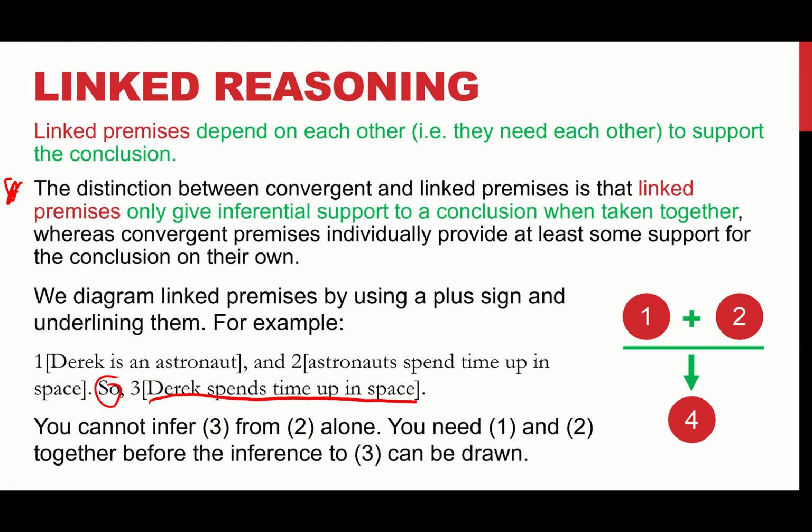I mean, you might guess that Derek is an astronaut, but by itself, 2 doesn't infer 3. You also need the fact that Derek is an astronaut for 2 to provide support for this conclusion. So 2 must be linked with 1, and we draw it like this with a plus symbol, and then we underline the 2 linked premises, and then draw the arrow coming down to the conclusion.